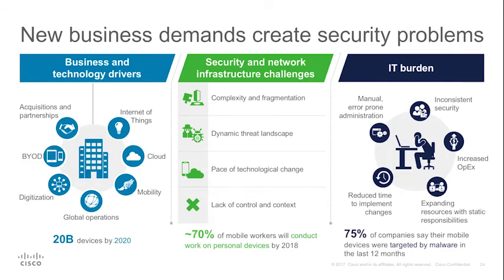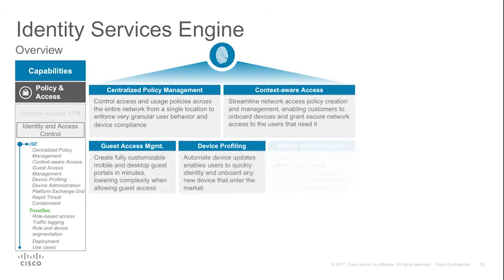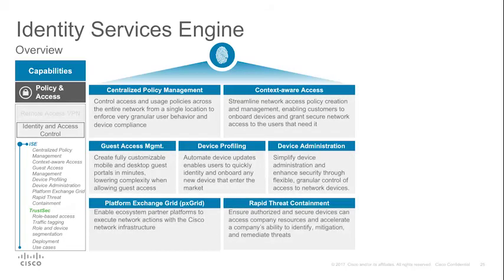In addition to Remote Access VPN, Cisco's Secure Access Solutions also includes Identity Access Control through ISE and TrustSec. Cisco's Identity Services Engine, or ISE, provides a number of features that ensure consistent control and business flexibility. Centralized policy management, context-aware access, guest access management, device profiling, device administration, device posture, and rapid threat containment, which are all detailed in the subsequent slides.